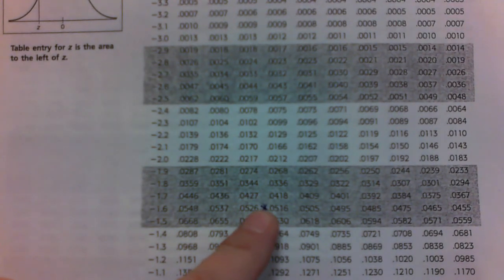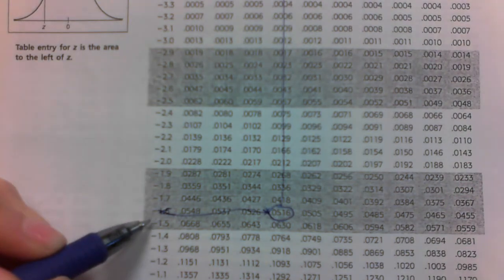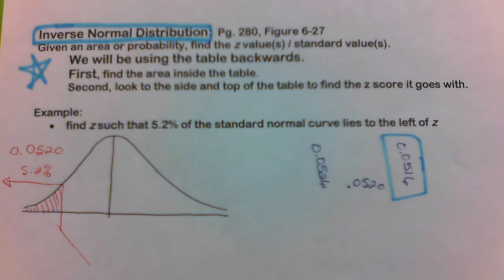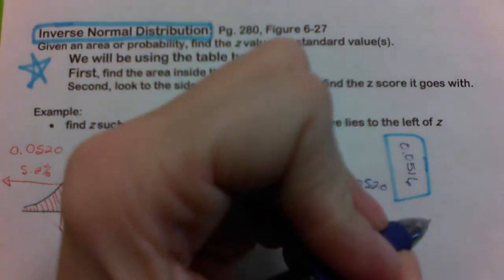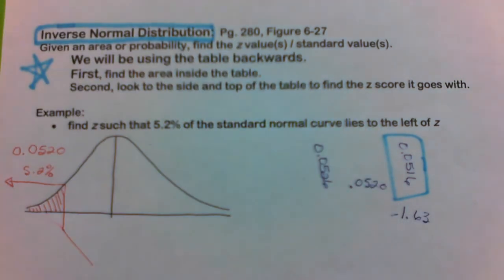Here's where it fell in between. It is closer to 0.0516, so we're going to use the Z value of negative 1.63. So this goes with negative 1.63.